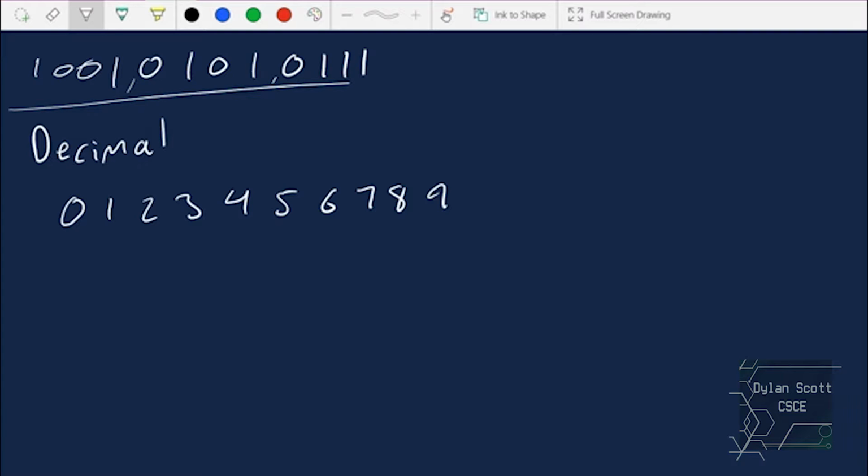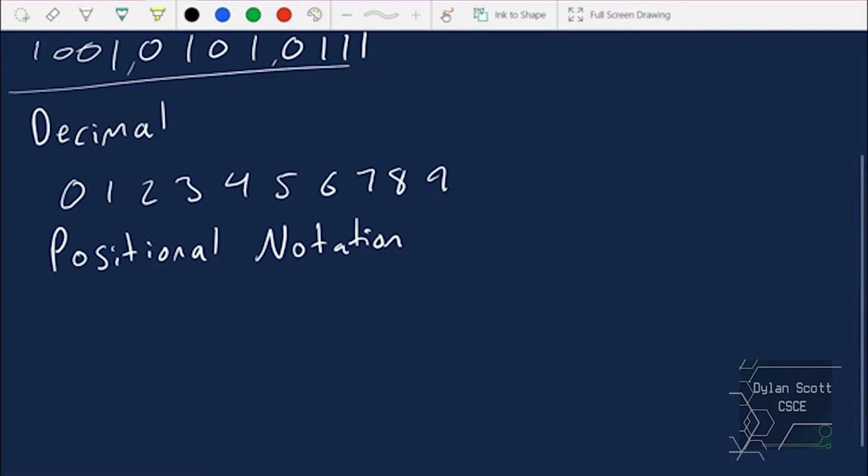Like most people learned in elementary school, you have something called positional notation, which is where you get the hundreds and tens and ones place.